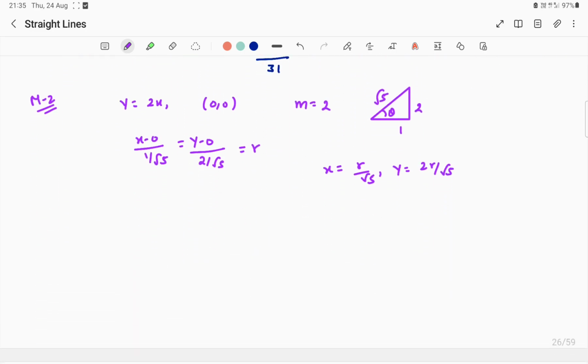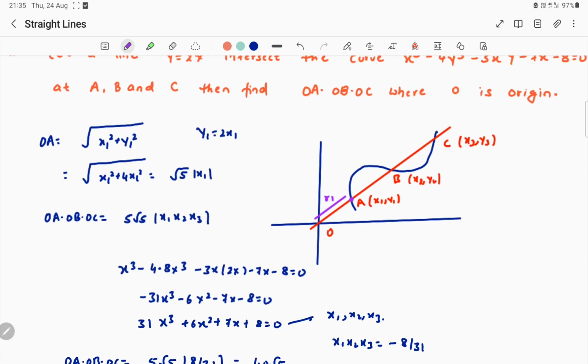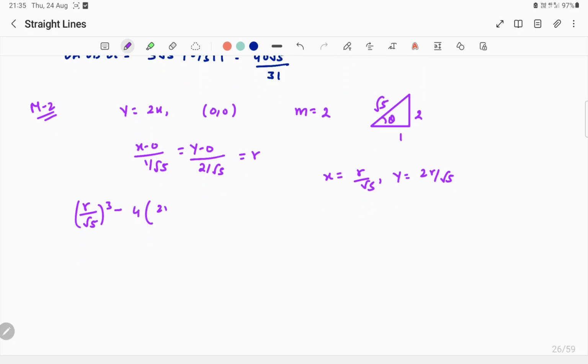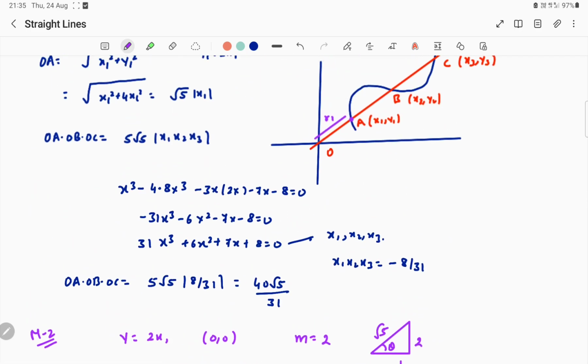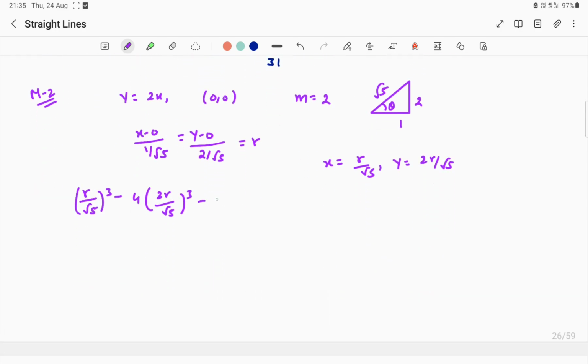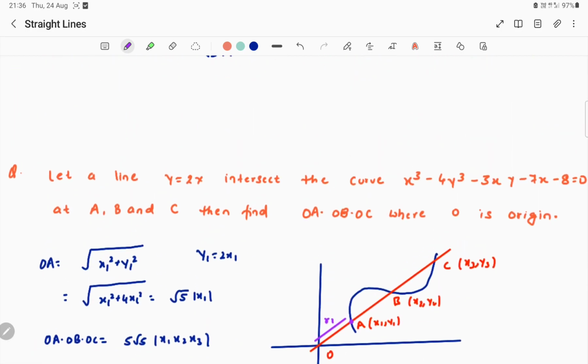So in place of x, we can substitute r by root 5. So we got r by root 5 whole cube minus 4y cube, so 4 into y, which is 2r by root 5 whole cube, minus 3xy minus 7x minus 8. So minus 3x is r by root 5, y is 2r by root 5, minus 7x, which is r by root 5, and I think it was 7, right?